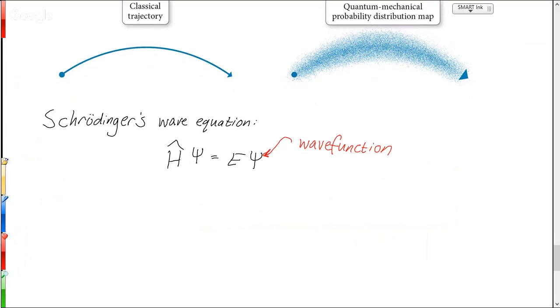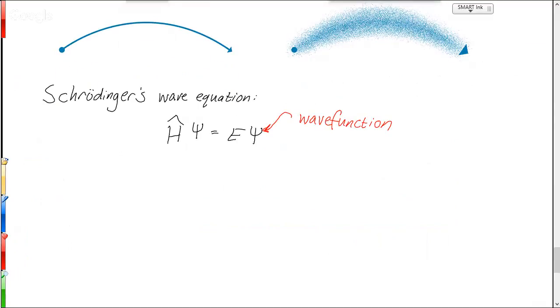Now, for our purposes, we need to know a couple things. One, that the wave function depends on 4 parameters, and these parameters are called quantum numbers.